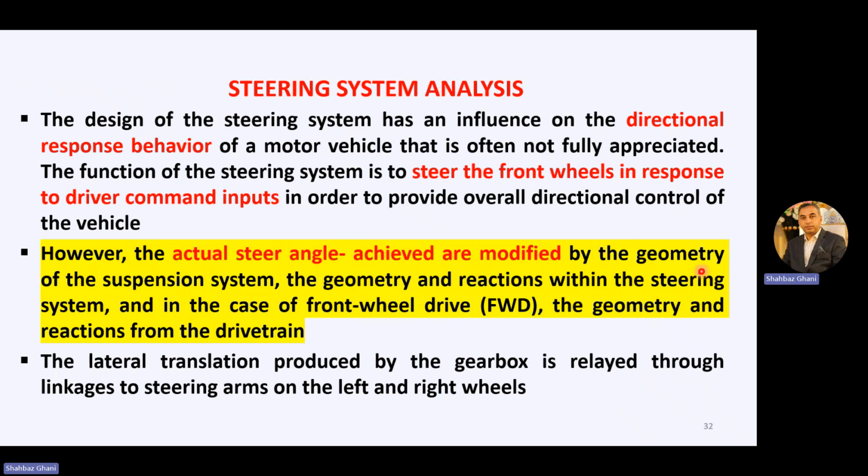It is modified by the geometry of the suspension system, the geometry and reaction within the steering system, and in case of a front wheel driven vehicle, the geometry and reaction from the drivetrain.